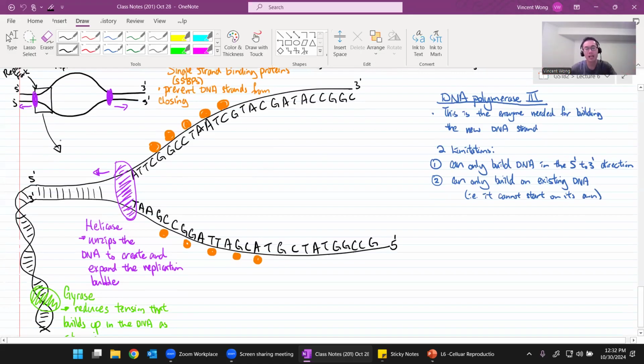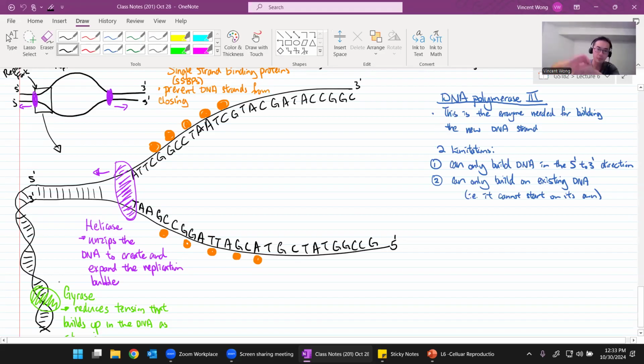But as you are unzipping the DNA, you actually increase the tension in the double helix, and we need gyrase, the green enzyme here, to reduce that tension such that the DNA is not going to snap and break, basically. Okay, and so those are the two enzymes that are going to initiate the process.